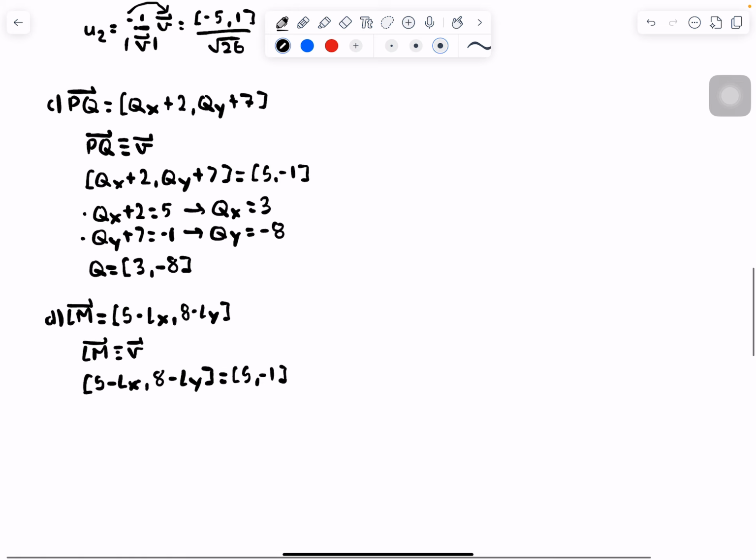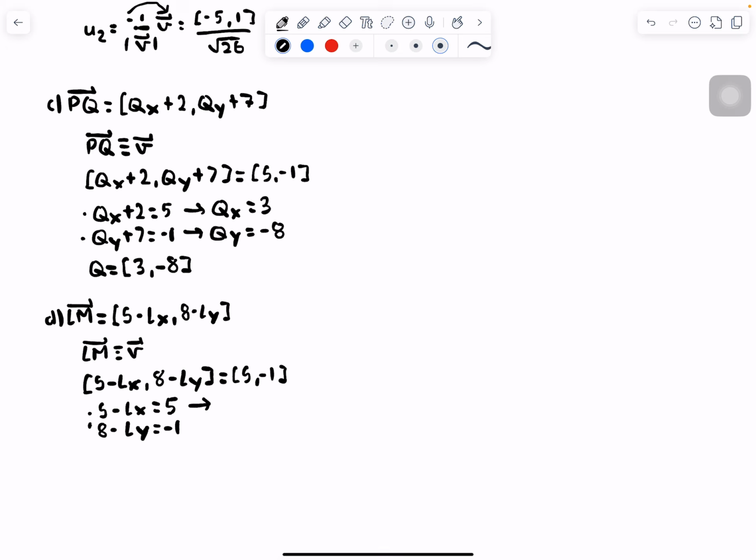Equate the x and y components. So 5 minus Lx equals 5, and 8 minus Ly equals -1.